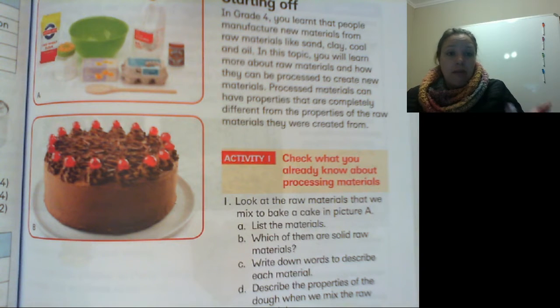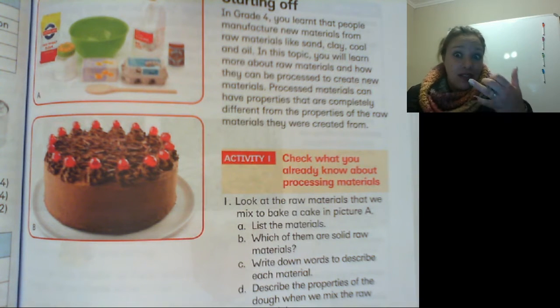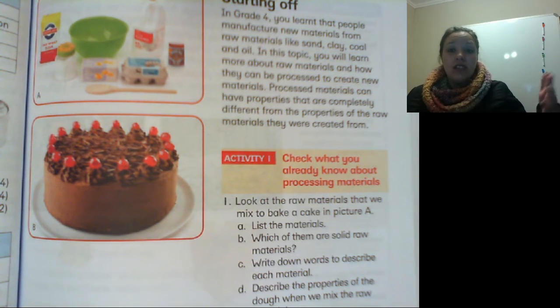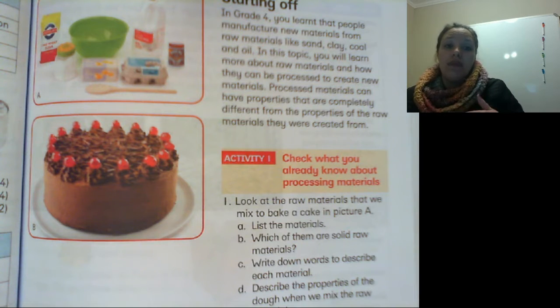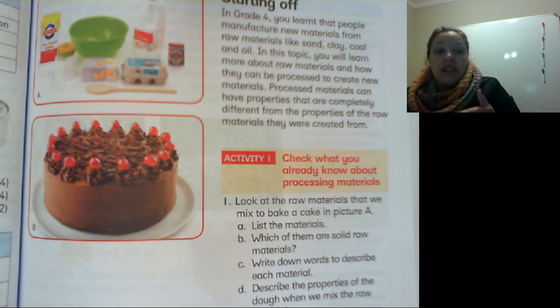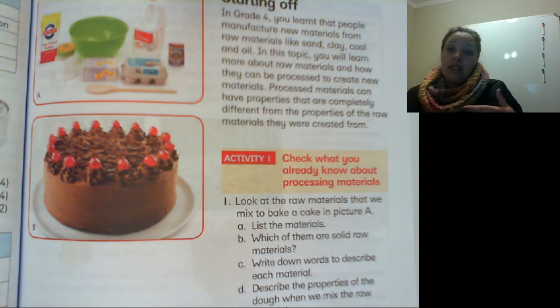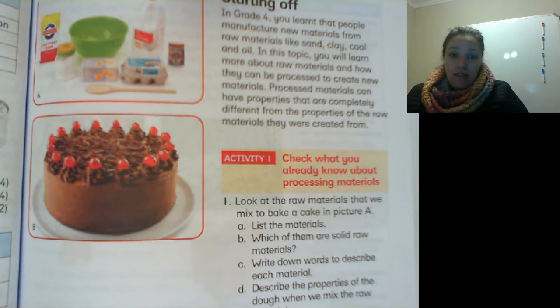Baking powder, very fine white powder. So now if I sent you to the cupboard and I asked you, please bring me some sugar, you know to look for something that is a crystal. If I ask you to bring me some flour, of course you're not bringing me a flour, you're going to bring me the cake flour.